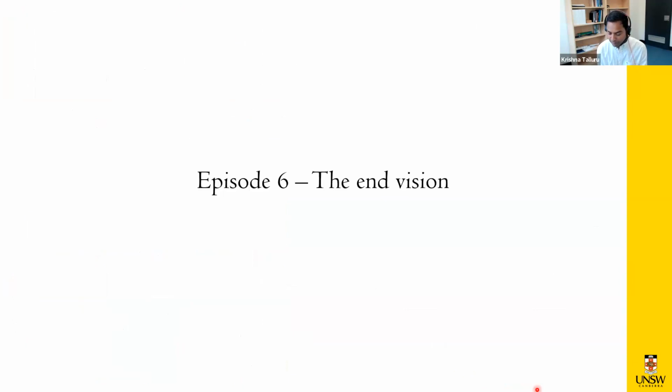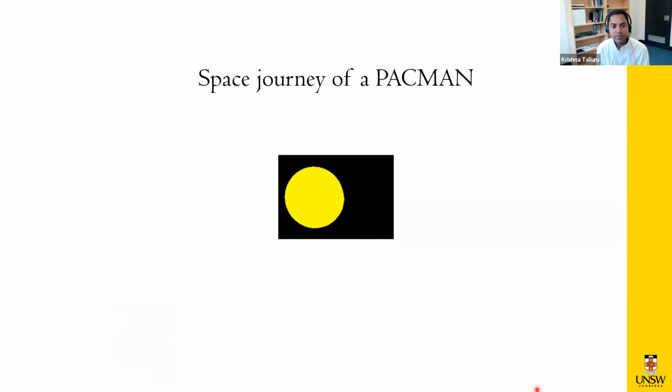So far I've been telling you about several aspects of compressible wakes and what our approach has been. But our end vision is to study a much more complex geometry when you throw this in space. I guess most of you know about this Pac-Man, which is a video game character.